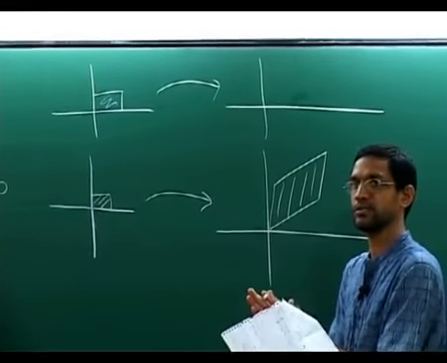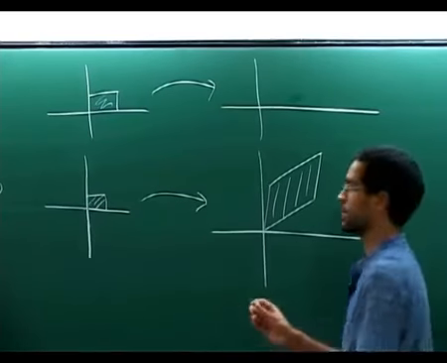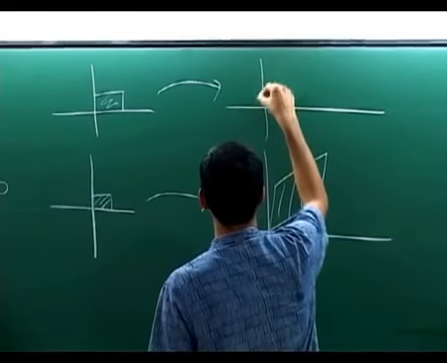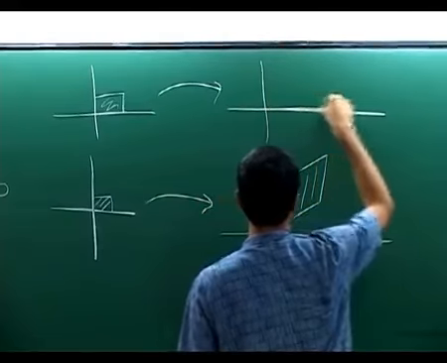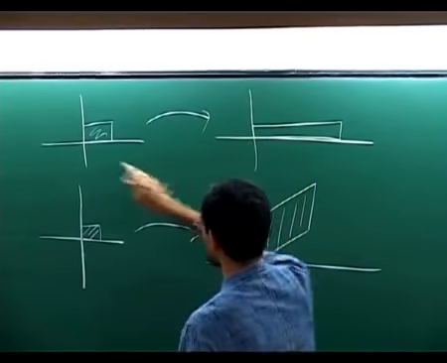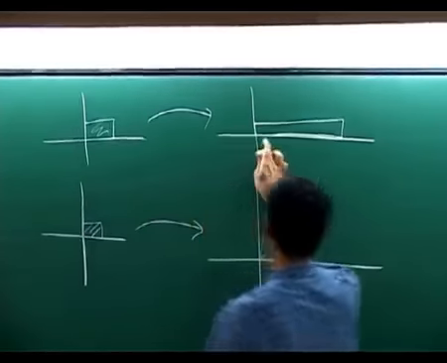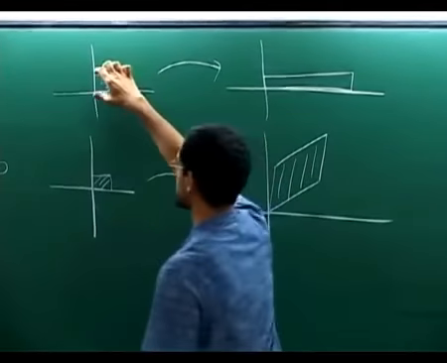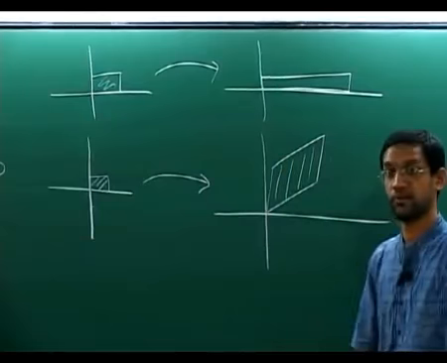So it maps this square back to a rectangle. It changes one side by some proportion, and it changes the other side by some proportion. For example, it can multiply this side by a factor of 5 and shrink this side by a factor of half.